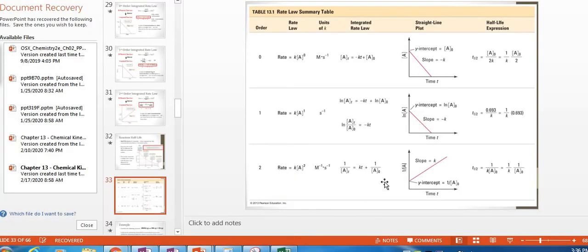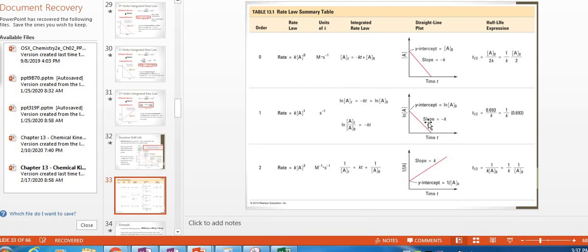Let's go back to this slide here. If I have first or second order kinetic data, and I plot the natural log of the concentration versus time, that is going to give me a negative line, and the slope of that line is equal to the opposite of the rate constant.